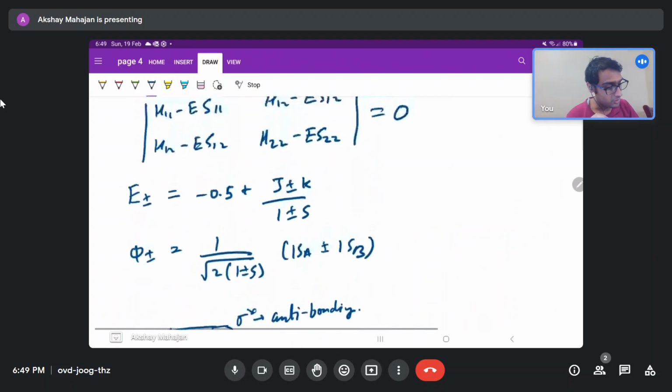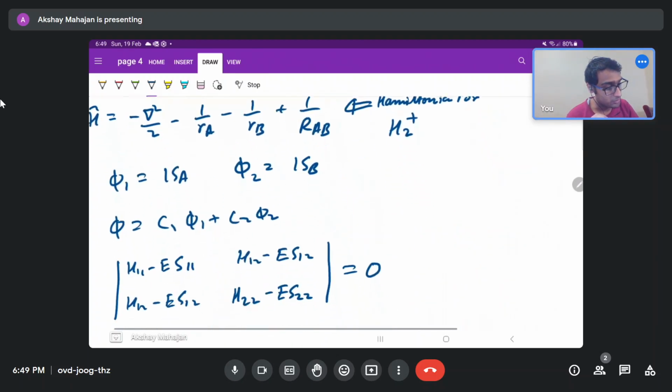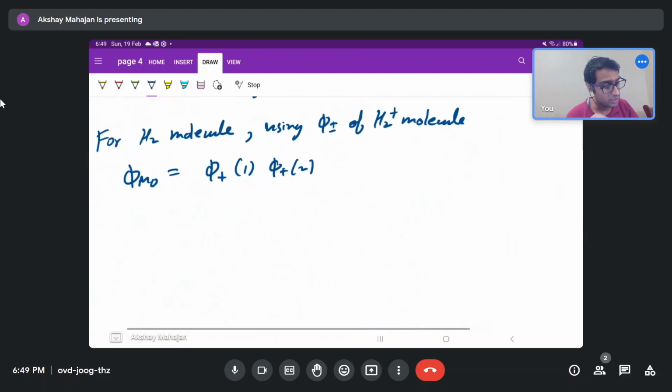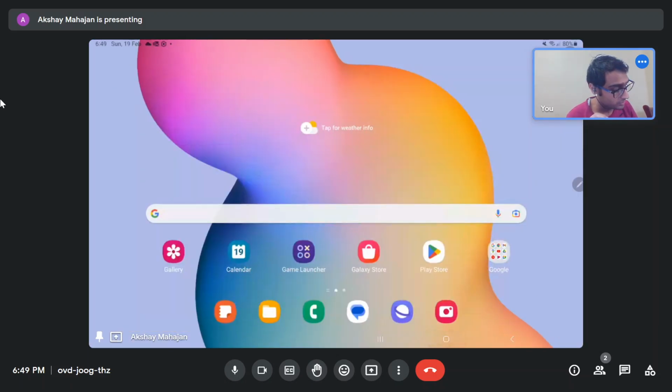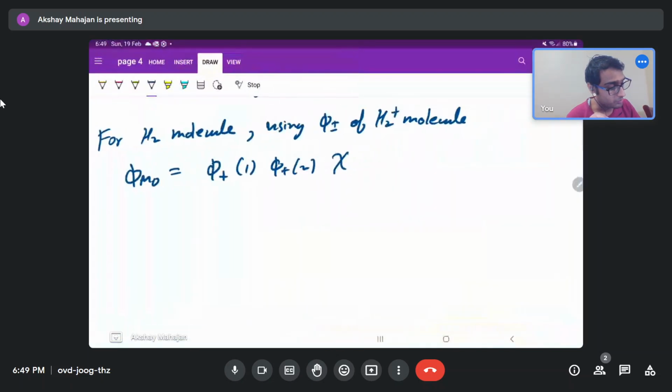Remember that we have to multiply it by some spin wave function, let's say chi, because we have to make it anti-symmetric.